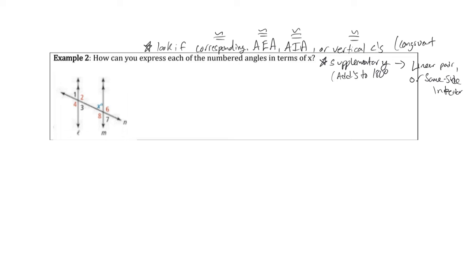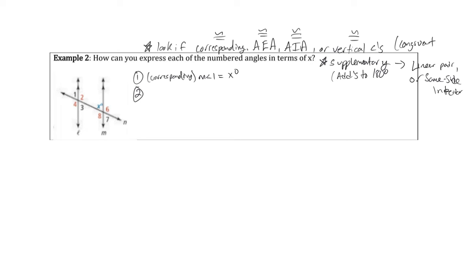Okay, so we can start with angle 1. Angle 1 and x are corresponding. Therefore, the measure of angle 1 is equal to x degrees.